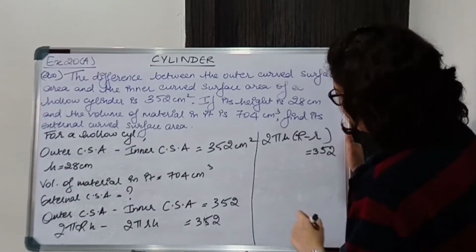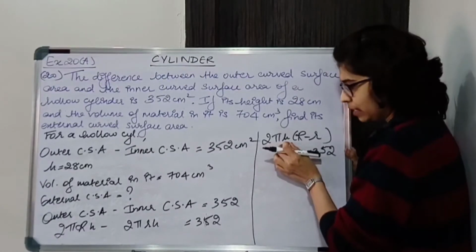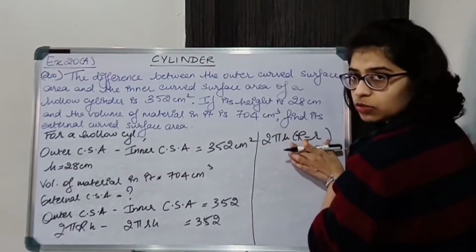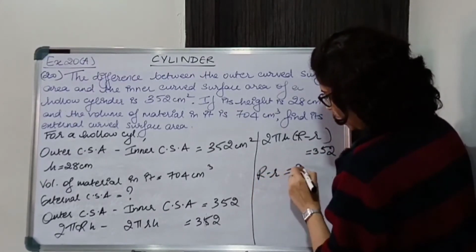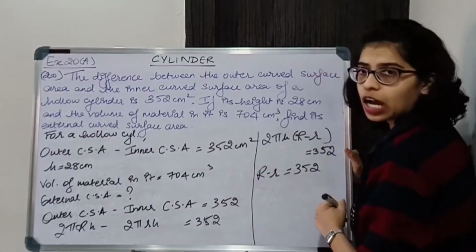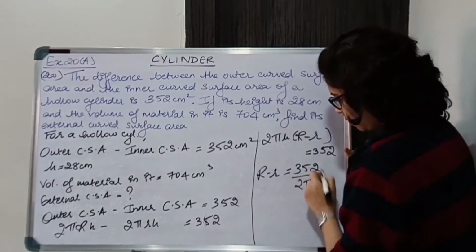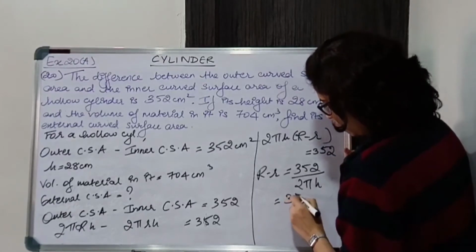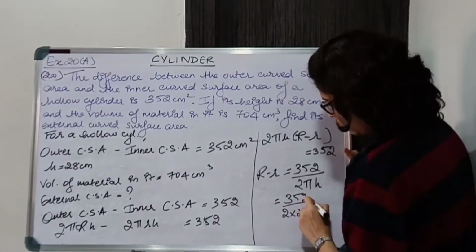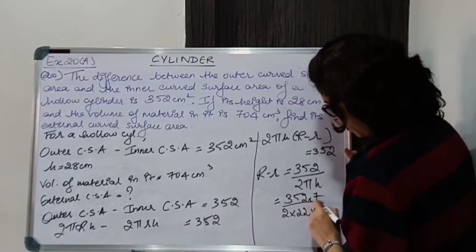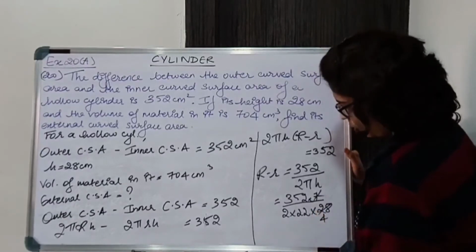Okay. Now all these are knowns. I know 2, I know the value of pi, I know the value of h. Only I don't know this thing. So I'll let this remain on the left hand side and I'll shift everything on the RHS. So I'll shift these three. Okay. So we get 352 upon 2 into 22 upon 7, so 7 will go in the numerator, into h is 28. 7 4s are 28.